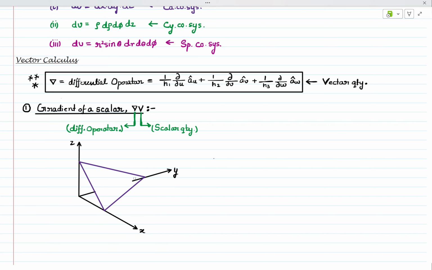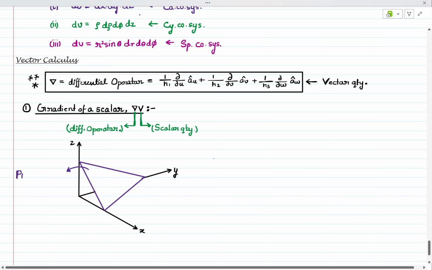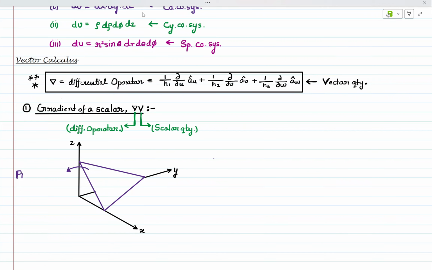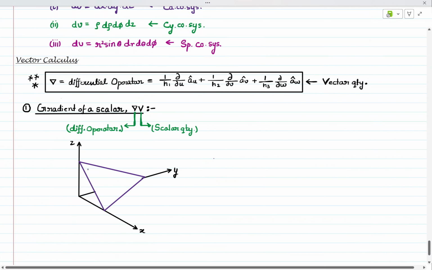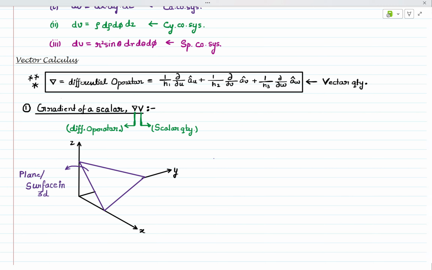This is also called a surface in the three-dimensional vector space. In 3D, there is a surface like this.